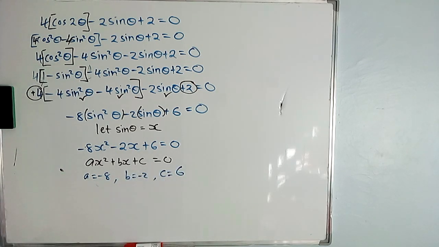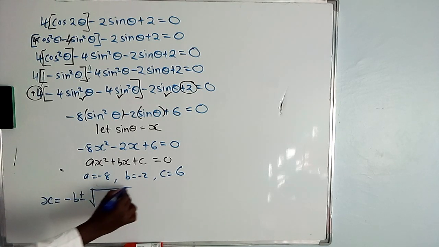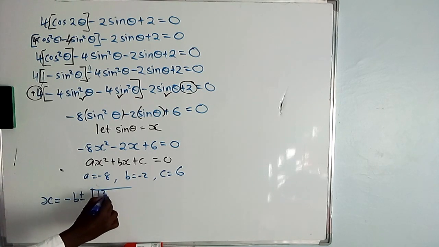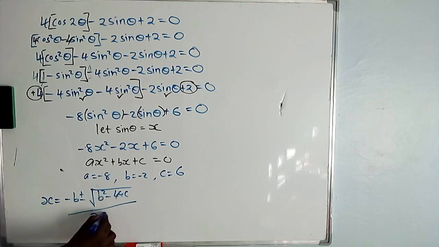If you use the quadratic formula to solve for x, then x is given by negative b plus or minus square root of b squared minus 4ac over 2a. So substitute the values of a, b, and c to get the values of x.